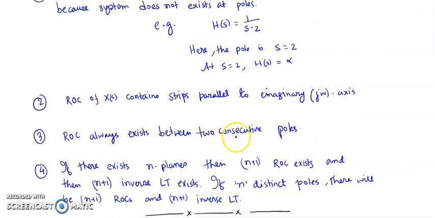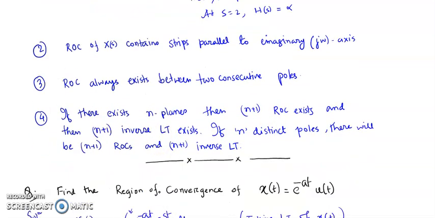The ROC always exists between two consecutive poles, as we already have discussed. If there exist n poles, then n plus 1 ROCs exist, and n plus 1 inverse Laplace transforms also exist. If there are n distinct poles, there will be n plus 1 ROCs and n plus 1 inverse Laplace transforms.